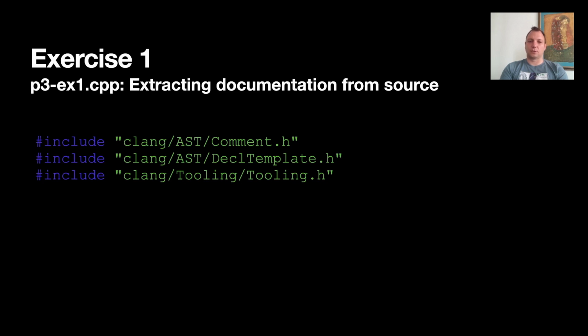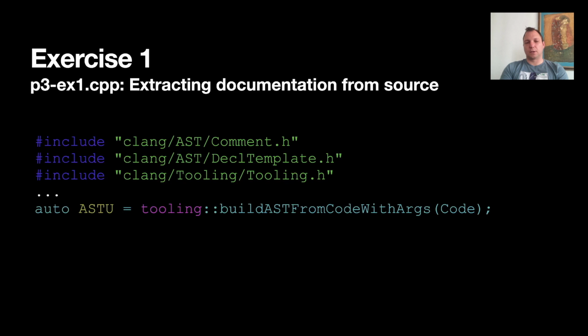So we will have a bunch of includes. In this case, we want to extract comments from code, so there is comment.h. Then we will have some operations on templates for the fun of it. And then we will use the tooling infrastructure, which is why we need to include tooling.h in our program. This is very common for every program that we want to embed Clang in. There are a bunch of other things that I'm going to show in a bit.